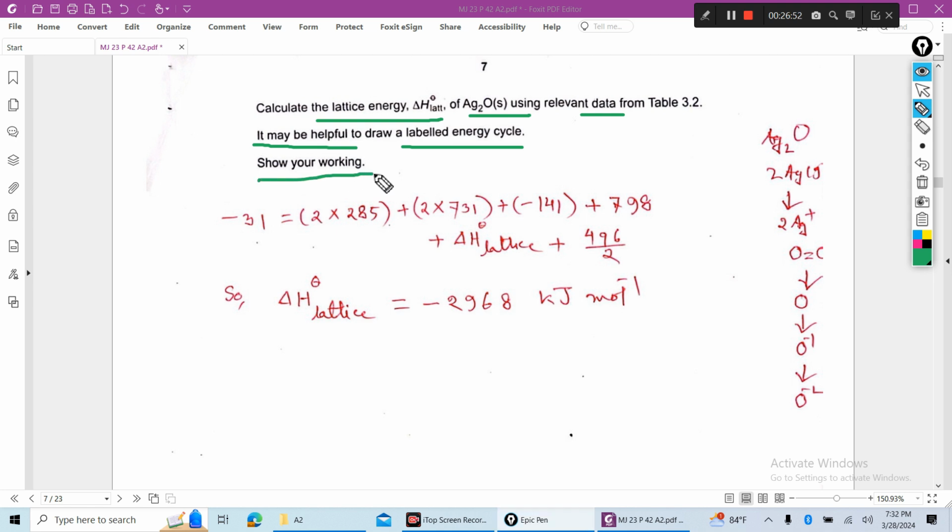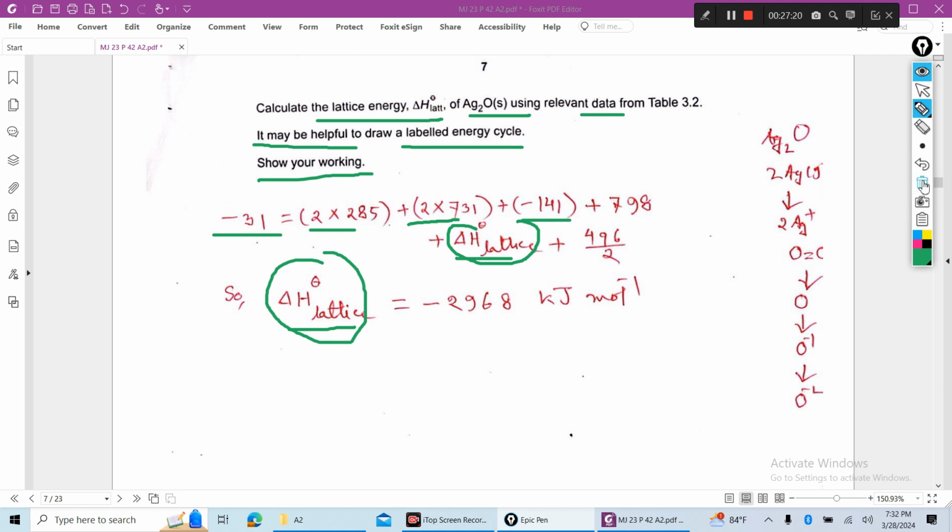You will show your calculation. You know, enthalpy of formation equals atomization, ionization, electron affinity, and lattice enthalpy. If you add, then you get the result. Only the lattice enthalpy value is not given, so if you put in the other values, you will get the lattice enthalpy value.